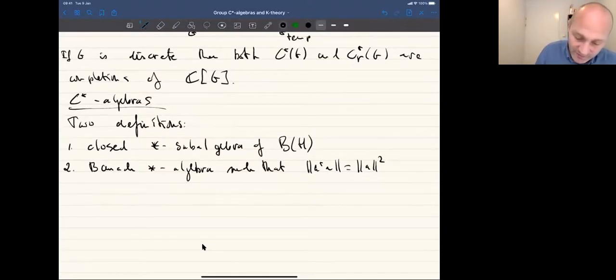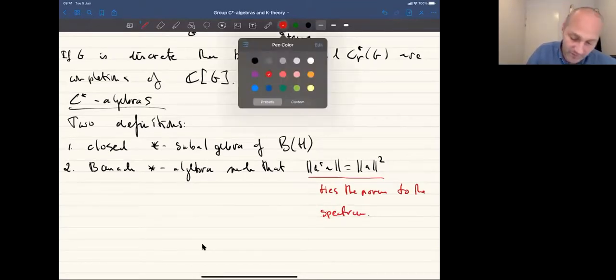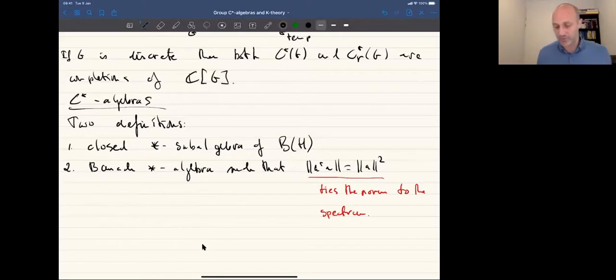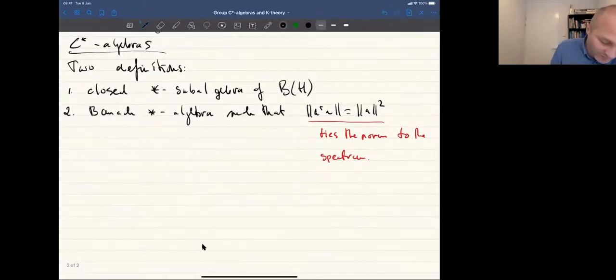So this C-star identity ties the norm to the spectrum. If you are not familiar with the notion of spectrum that I'm talking about, then that's not a problem at the moment. But this identity is very special and was long sought for to be the right thing to describe these algebras, because there is a theorem that now tells you that these two definitions are equivalent.